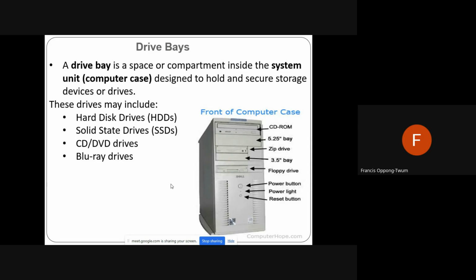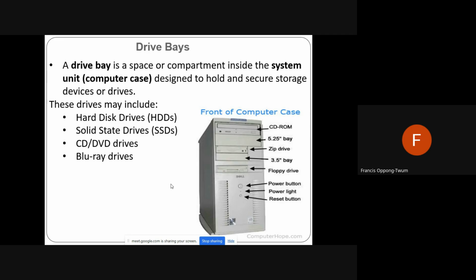So the drive bay is regarded as an additional space, or an additional compartment inside the system unit or the computer case. And the purpose of it is they have designed it to hold and secure devices or drives.